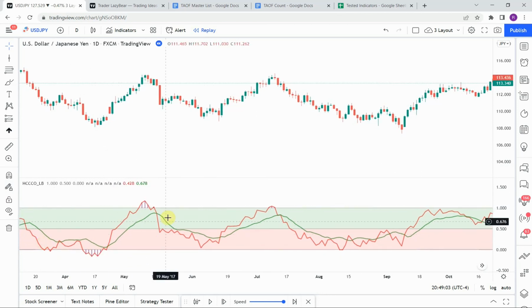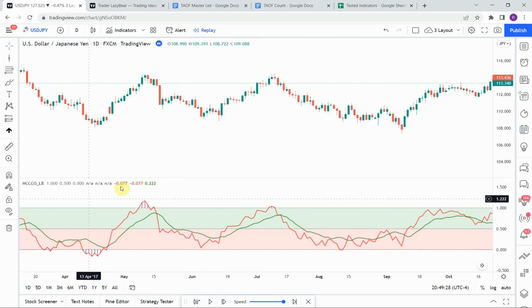Then we're going to ignore the green line, and what we're looking for is when the red line crosses the 0 line. It's technically a 50 line, so the line right down the middle here is a 50 line. Again, you could consider it to be kind of like a 0 line as well, even though it isn't at 0. 0 is actually down here.